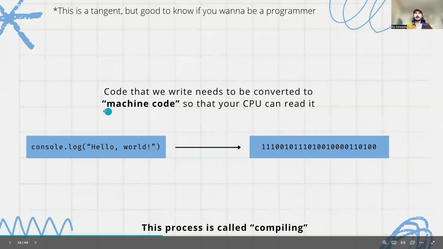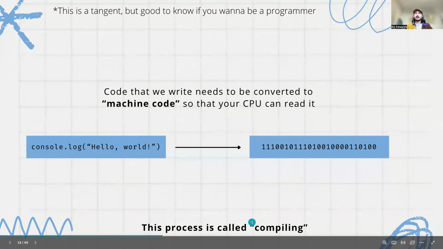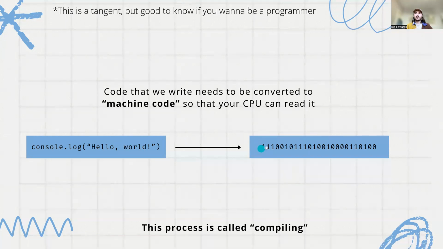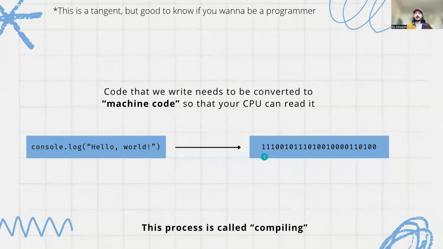Binary, aka machine code. And the process of turning your human readable code, the stuff that we write, JavaScript and so on, into binary is called compiling. Because we don't want to write binary. It's possible. There are humans out there who can write in binary, but it's not practical.